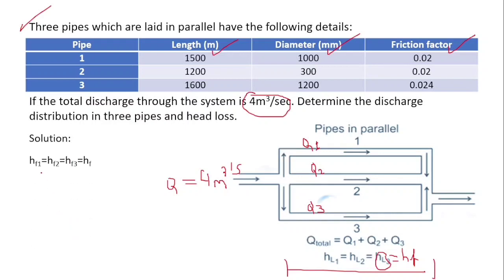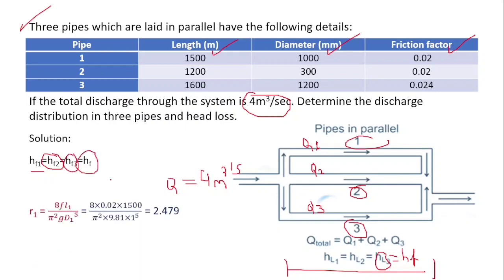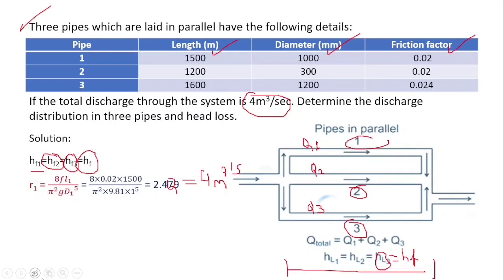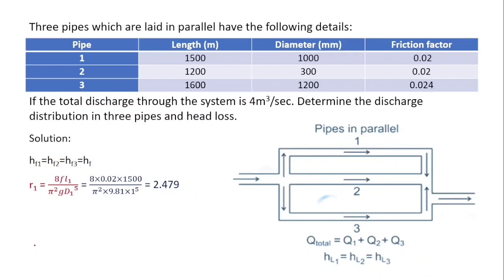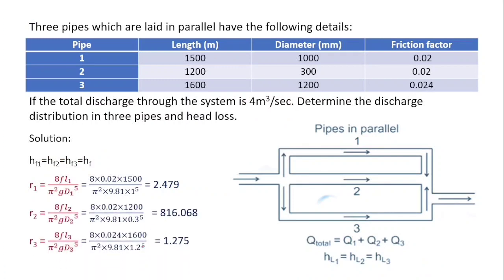So frictional head loss in pipe 1 is HF1, frictional head loss in pipe 2 is HF2, frictional head loss in pipe 3 is HF3. These all are equal, so we denote it by HF. So from this formula we calculate the value of R1, R2 and R3.